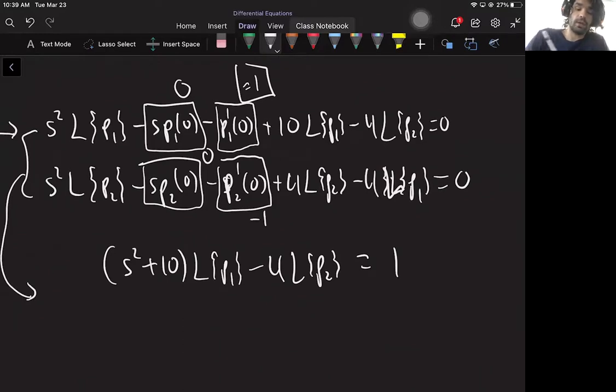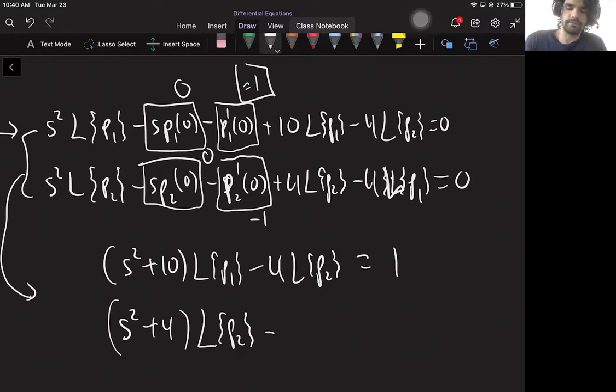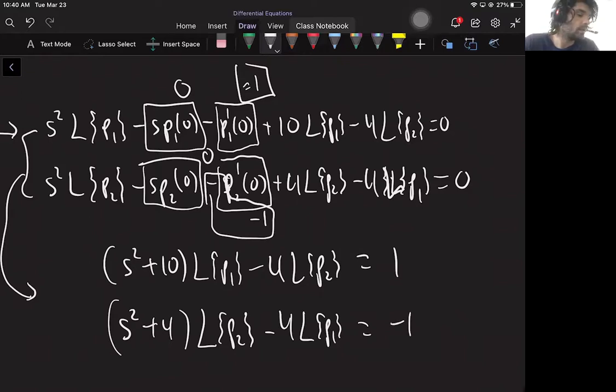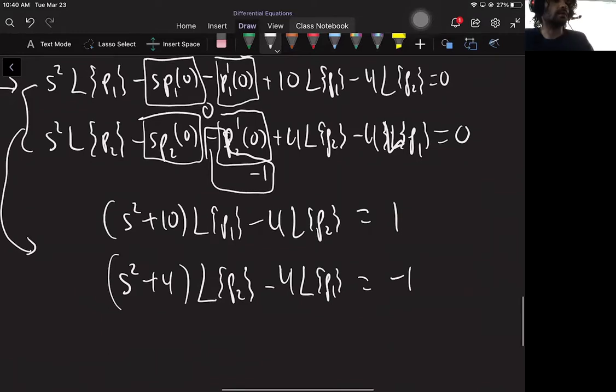And in the second equation, s squared plus 4 times LP2 minus 4 L of P1 equals, and this is a -1, so it's 1, and I subtract it over to get -1 there. And these are my two equations. These are two algebraic equations I can solve for LP1 and LP2.